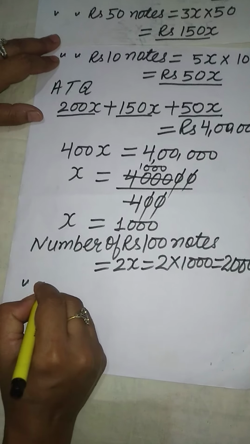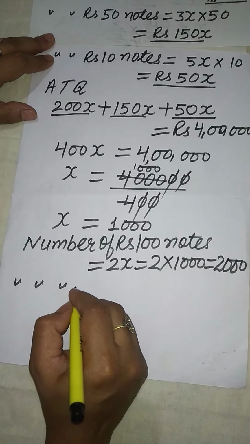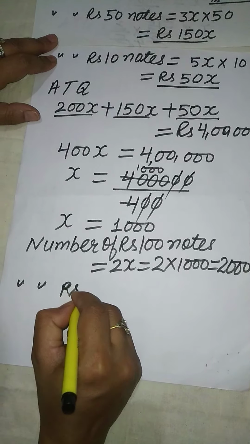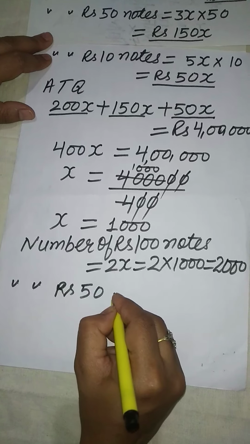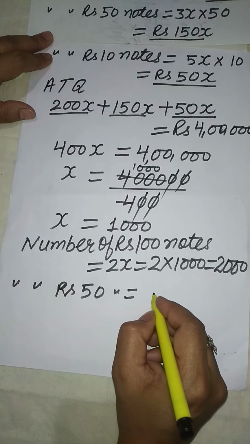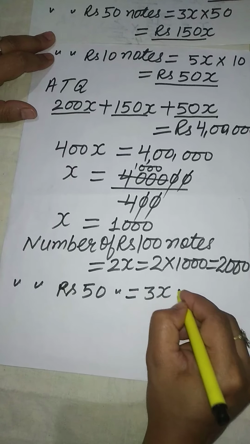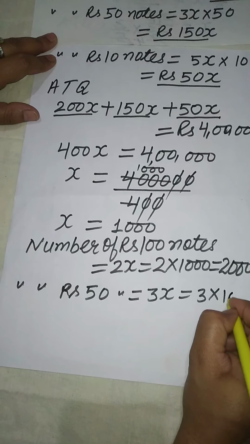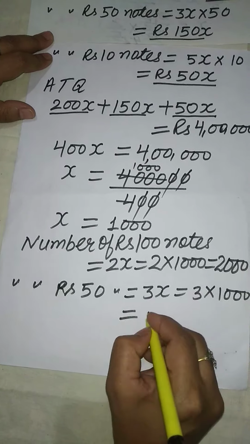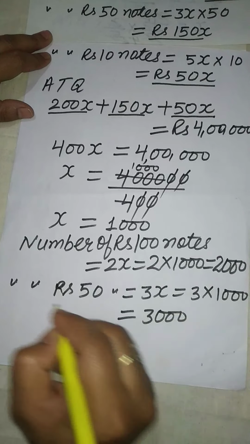So the number of notes of rupees 50 is equal to 3x, that is 3 multiplied by 1000, that is equal to 3000.